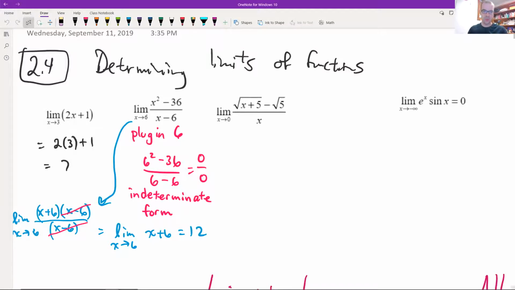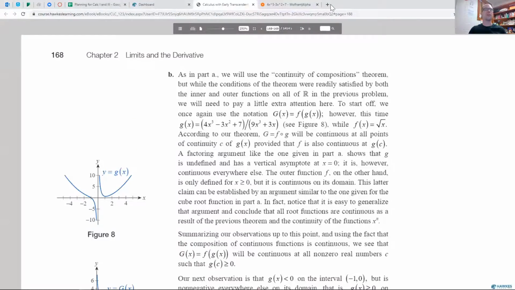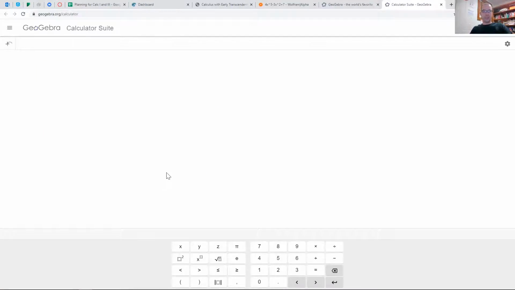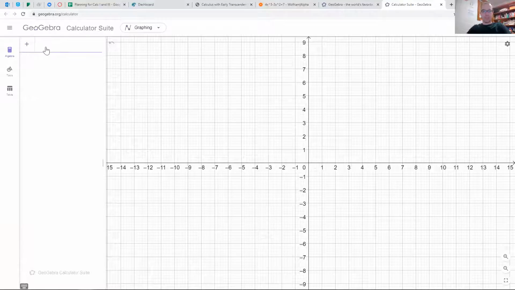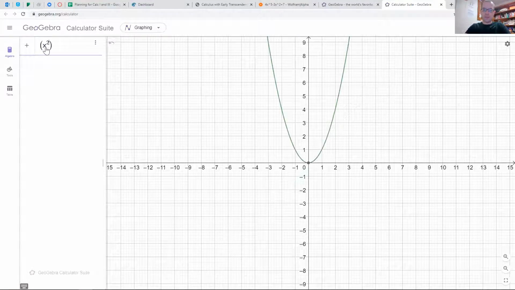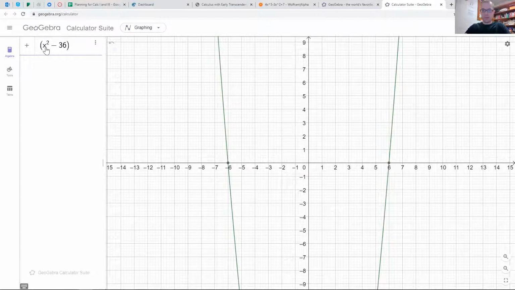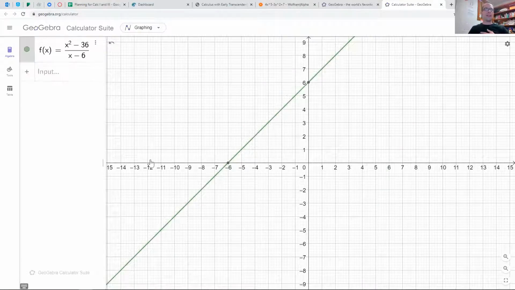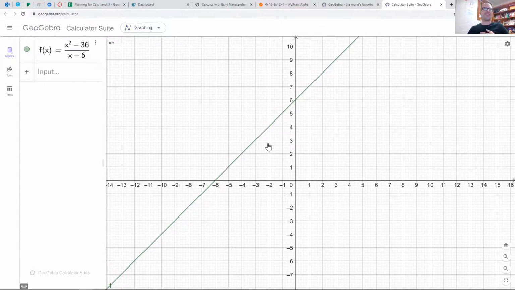And maybe real quick, it might be worth our time to look at GeoGebra and just verify that that's true. So if I've got x squared minus 36 divided by x minus 6, yes, this thing turns into something that looks a lot like a line, a lot like the line y equals x plus 6.